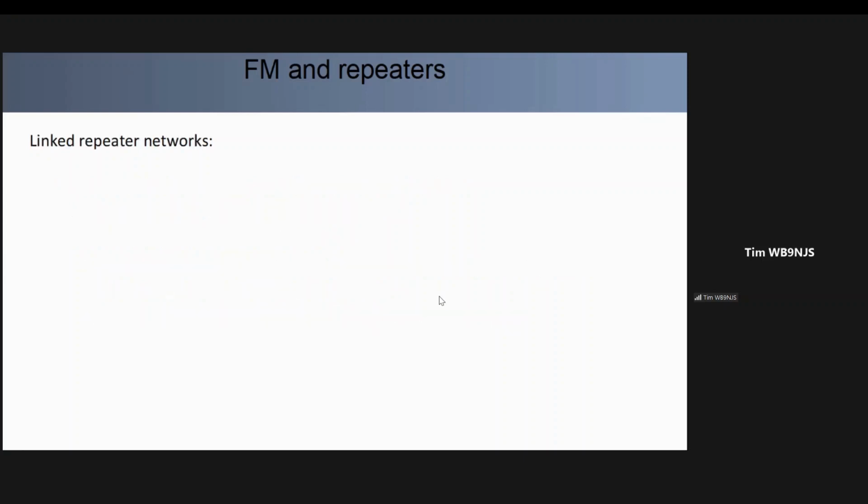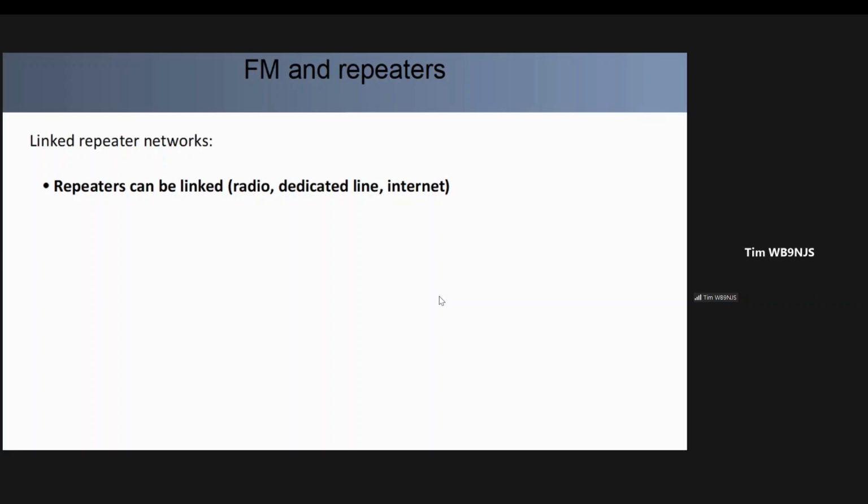Okay, now we're going to move on to something that's really neat, and that's the fact that although quite a few repeaters are standalone, they can be linked to one another, creating a linked repeater network. A network of repeaters in which a signal received by one repeater is transmitted on all the repeaters in the network is known as a linked repeater network.